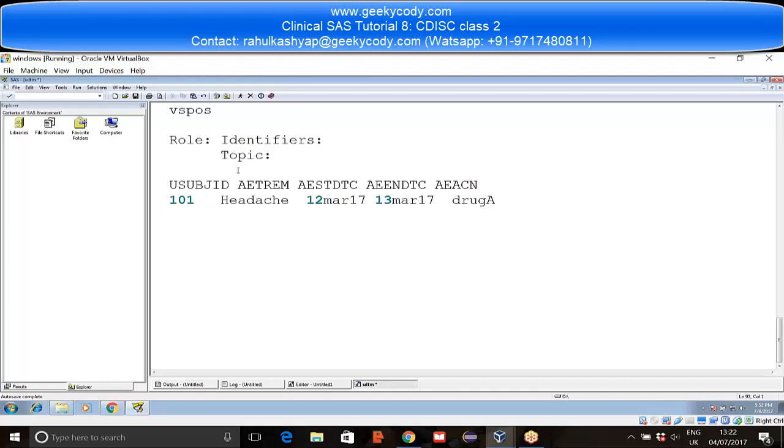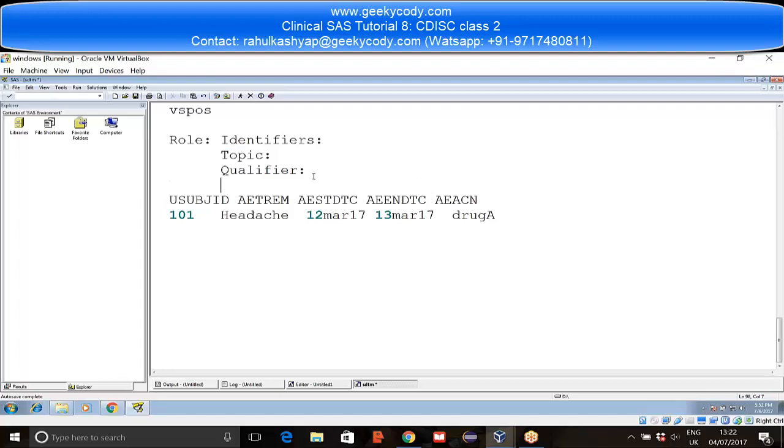Okay, next one is qualifier. Qualifier means which tells about the topic variable. What is telling about headache? Like it started and ended. These come under timing variable, another type.